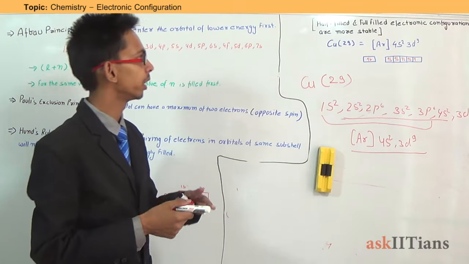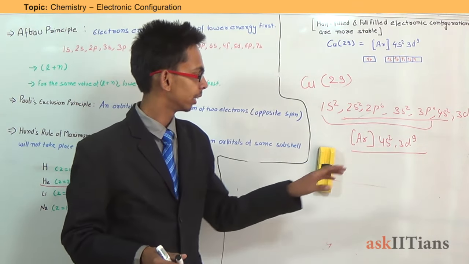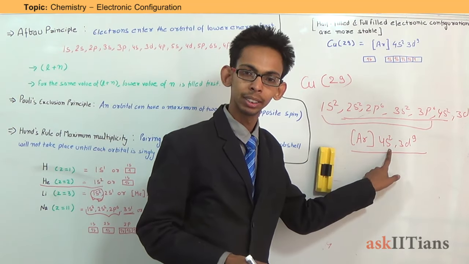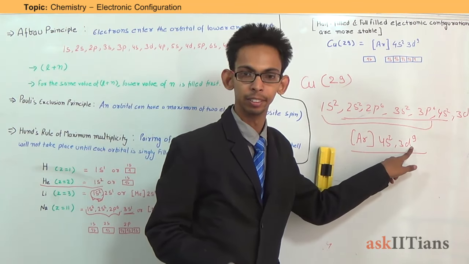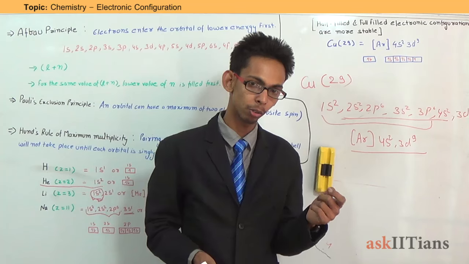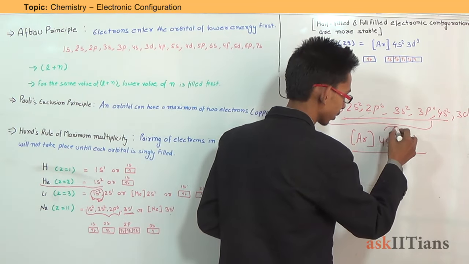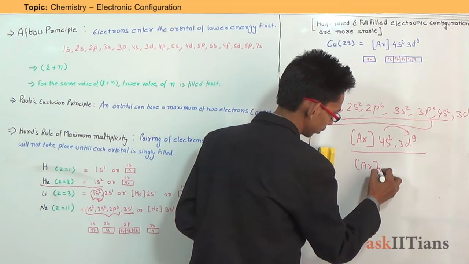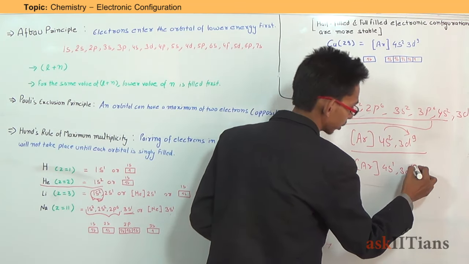But actually, according to this rule that half-filled and fully filled orbitals are more stable, this gets changed. How? 4s2 is a fully filled orbital which is stable, but 3d9 is a partially filled orbital and it is just one short of being fully filled. So one electron gets transferred from this to this and it becomes argon followed by 4s1 3d10.